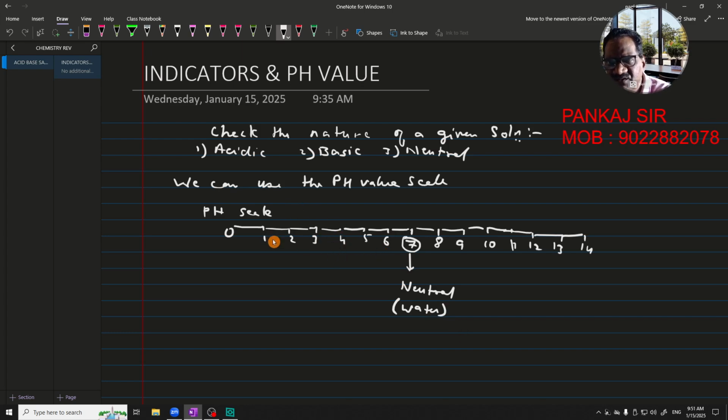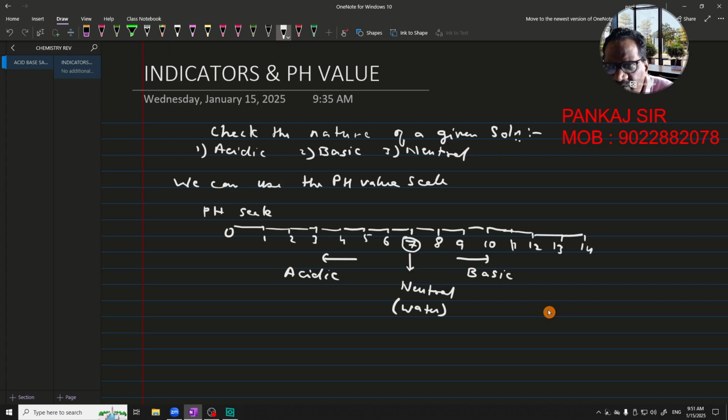All the values below 7 will be acidic in nature, and all the pH values greater than 7 will be basic in nature. So this is what a pH scale will help you with in deciding whether a solution is acidic, neutral or basic. Fine, but then how will you come to know whether the solution has a pH value of 7 or 2 or 3 or 13?